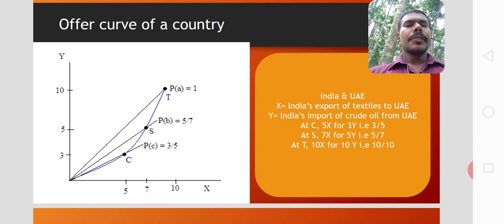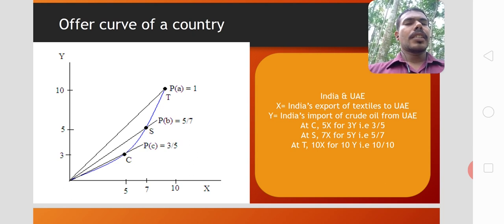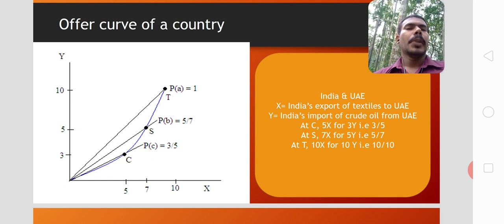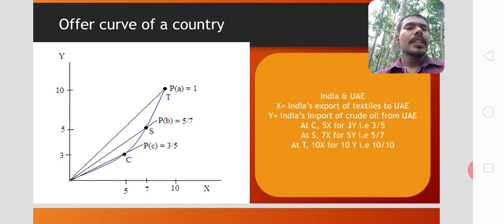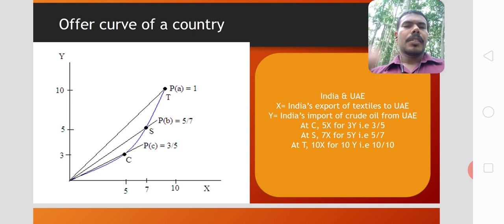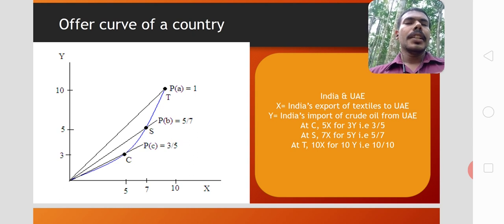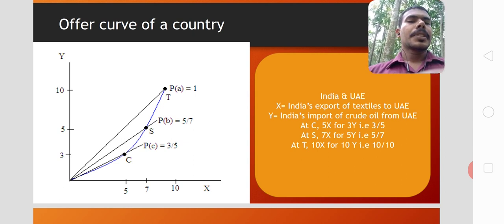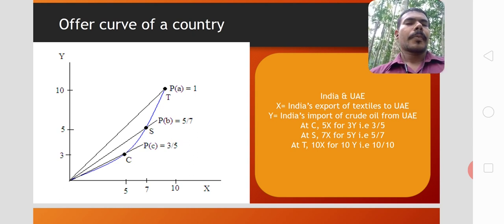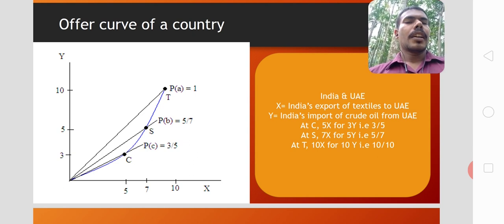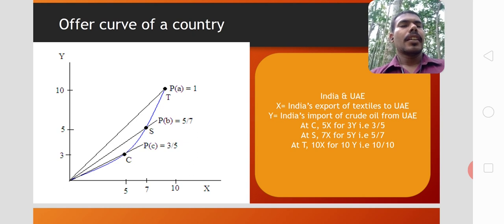The 5, 7 and 10 are the quantities of textile commodity being exported by India to the United Arab Emirates at a relative level of price. That means at point C, India receives 3 units of crude oil, and we give 5 units of textile in return.